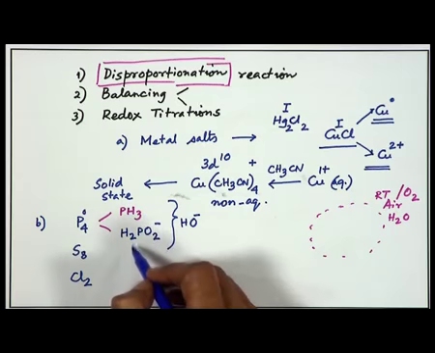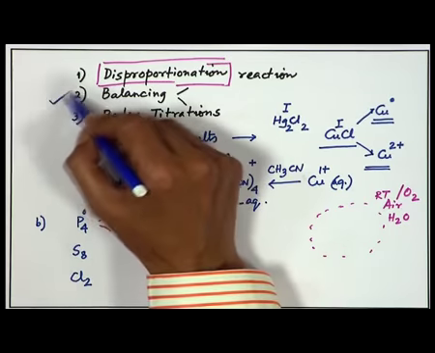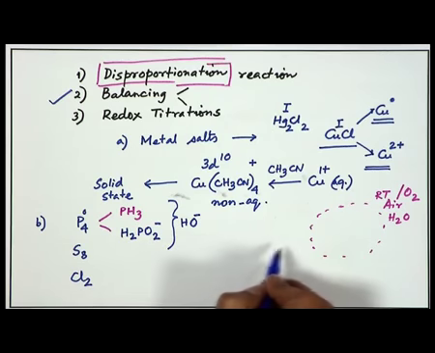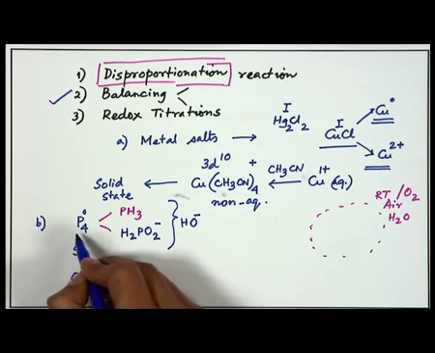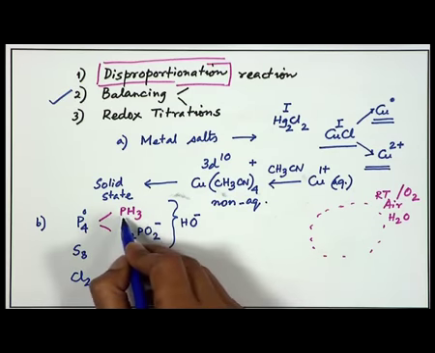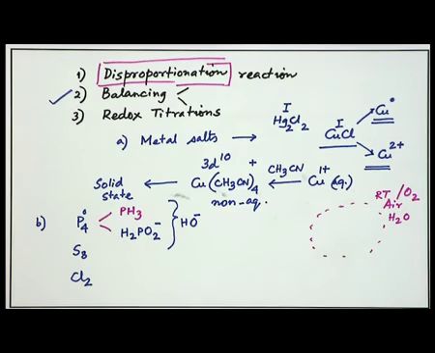If two products are given, we should be able to write a balanced redox reaction for the reaction of this elemental phosphorus in basic medium to give PH3 and H2PO2 minus. That we will see today, and how we can get that.